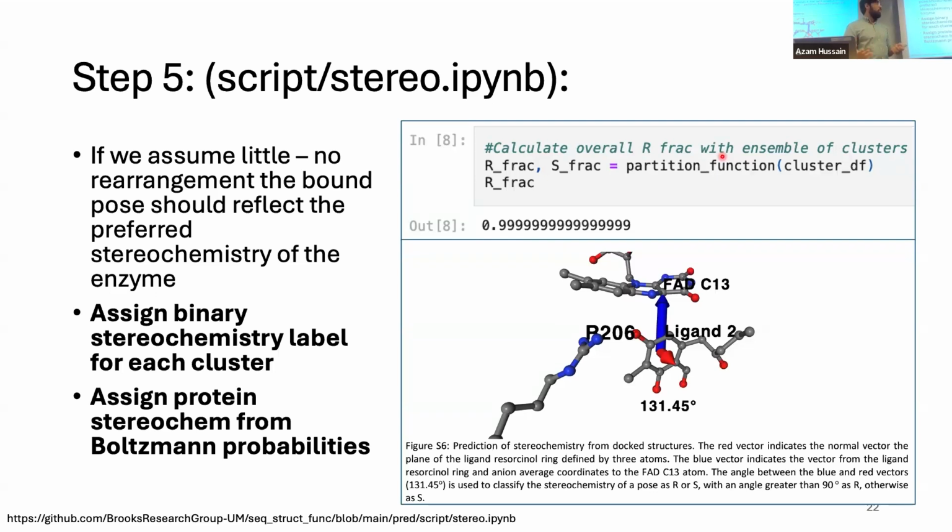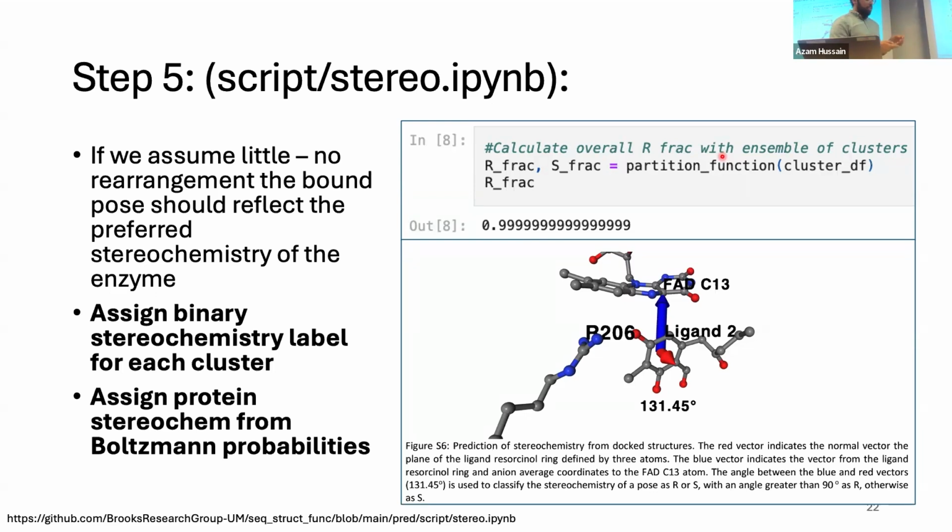So there's tons of stuff you can read about and compare with the actual known bound pose, if you're interested in seeing how well docking tools recapitulate the final bound pose without further molecular dynamics. But in this particular case, because we knew the binding site, we rescored the top poses with some information that we have about the system.